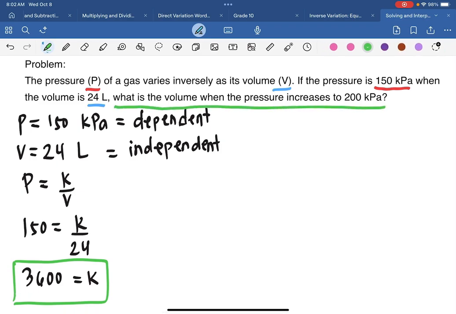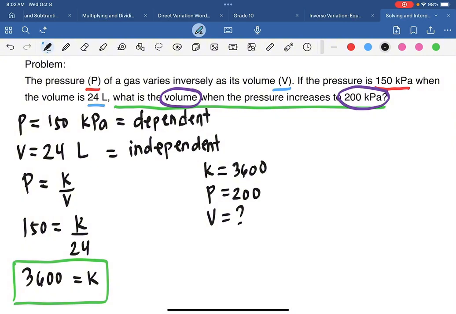So it is looking for our V this time, given that we have the value of our pressure, which is 200 kilopascal. So here, K is 3,600, P is 200, and V is missing.